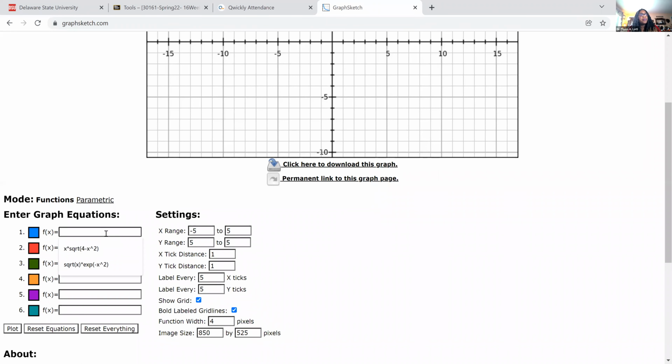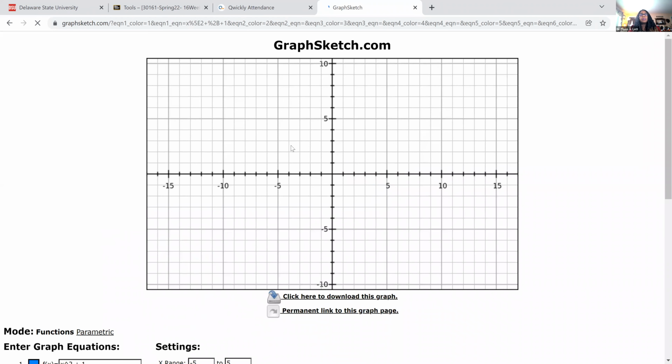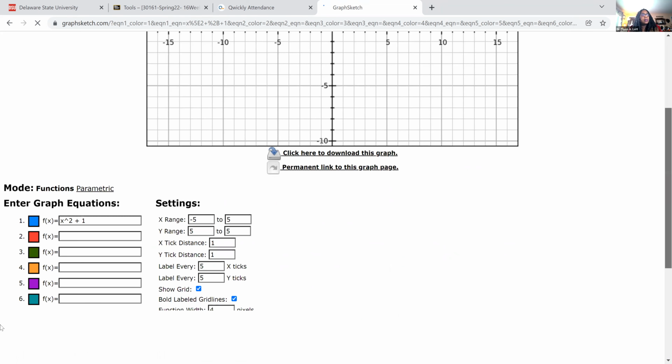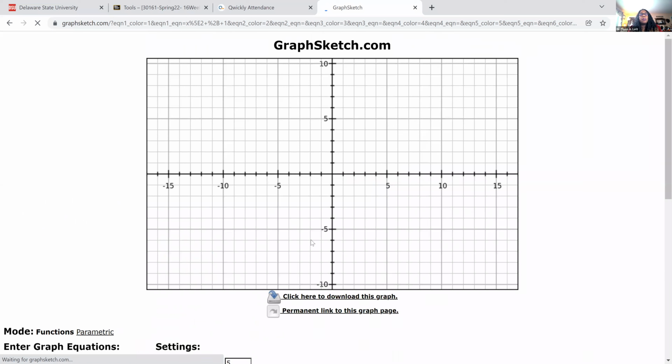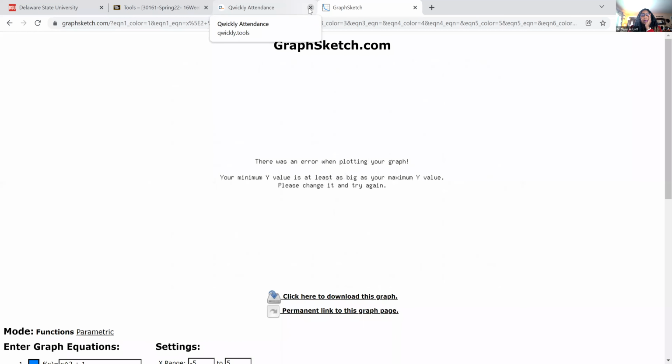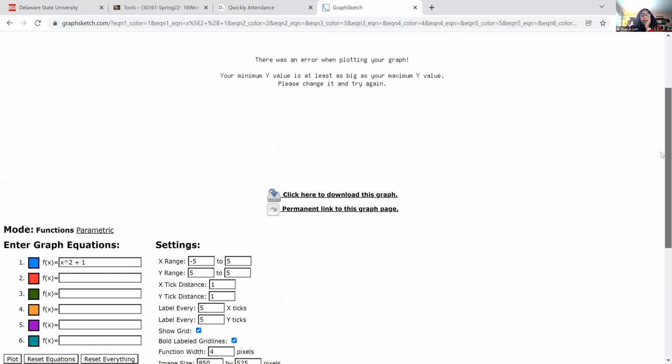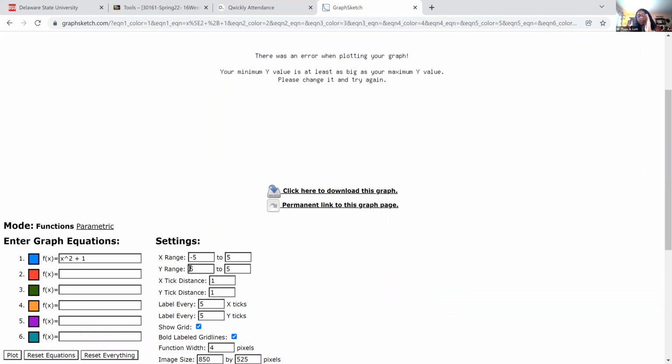So the first graph I'm going to put in is going to be x squared plus 1. Where is my graph? Oh, it's spinning. That's not a good sign. My minimum value of y, that's because this is supposed to be -5.